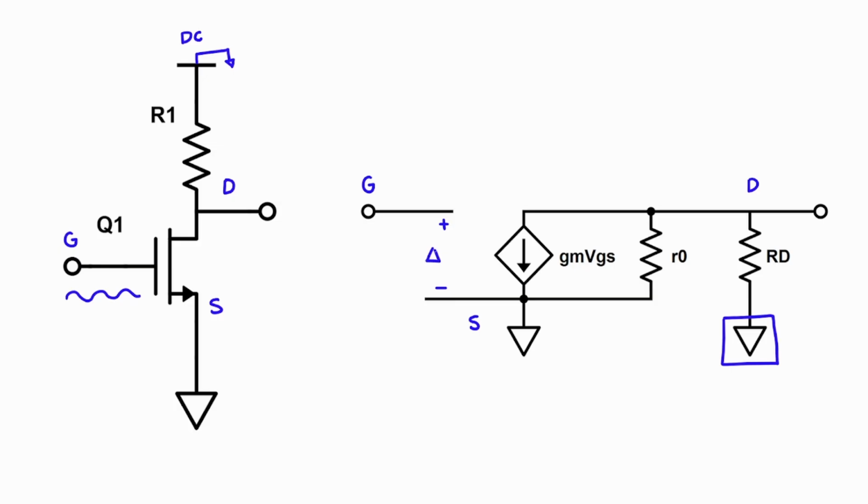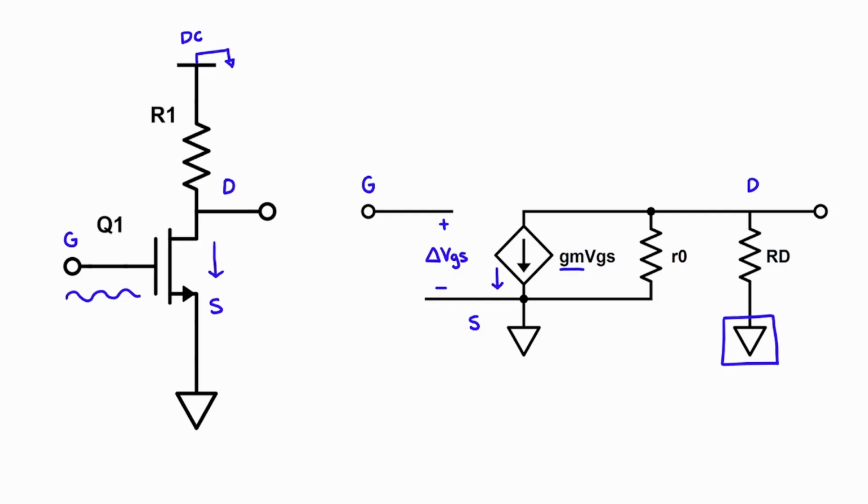In the small signal model, we have a delta VGS, which is the change in gate to source voltage in our circuit. In our AC approximation, we choose to model our MOSFET as a voltage-controlled current source, going from the drain to the source. If VGS is 0, then our MOSFET is in cutoff, and no current is flowing from the drain to the source.